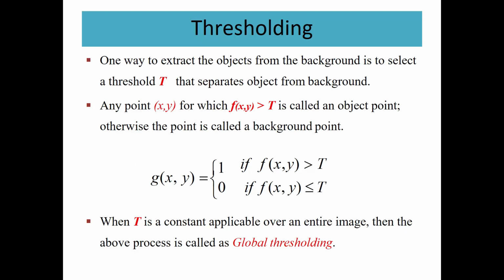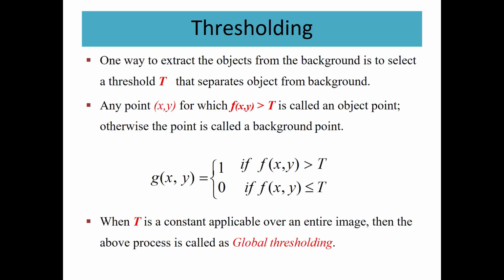Now what is thresholding? Thresholding is one of the simplest methods for image segmentation. One way to extract the object from the background is to select a threshold capital T that separates the object from the background. Any point x comma y for which f of x comma y is greater than T is called an object point, otherwise the point is called a background point.